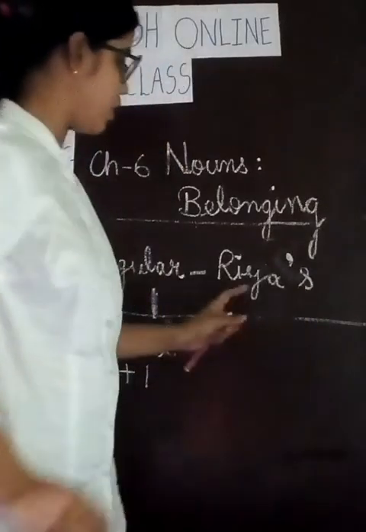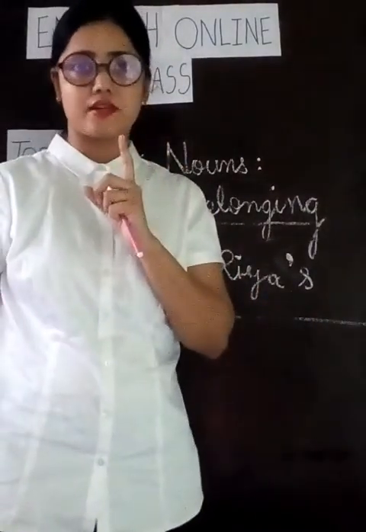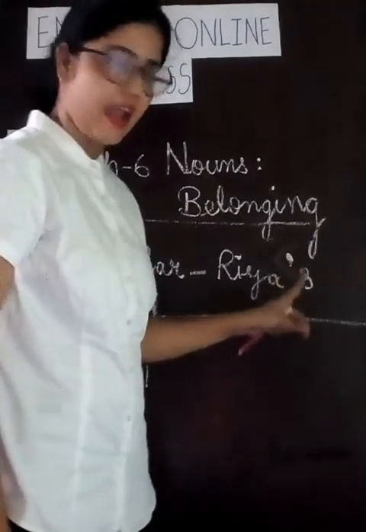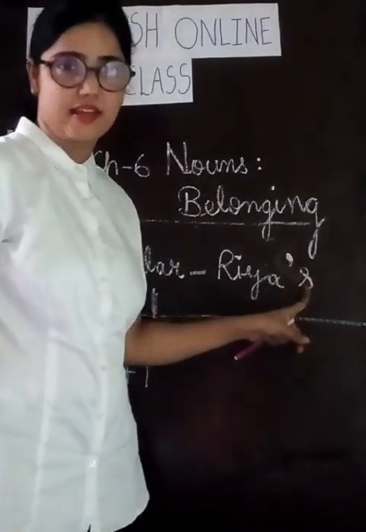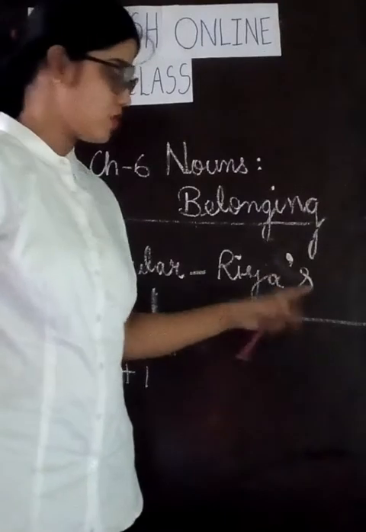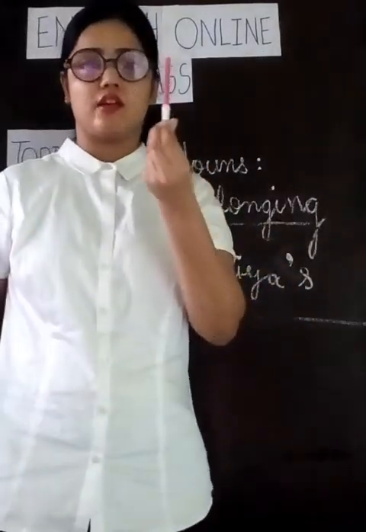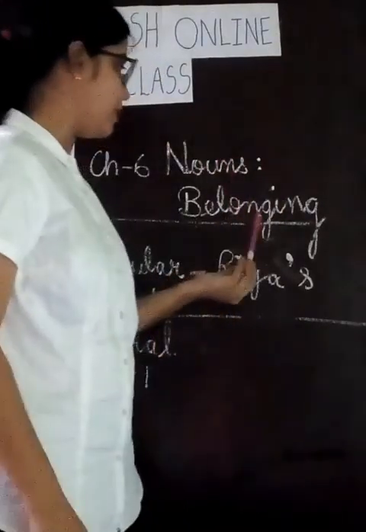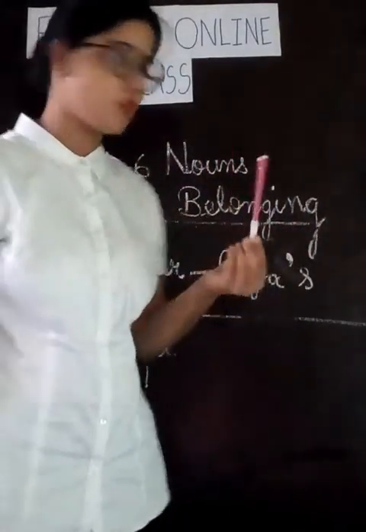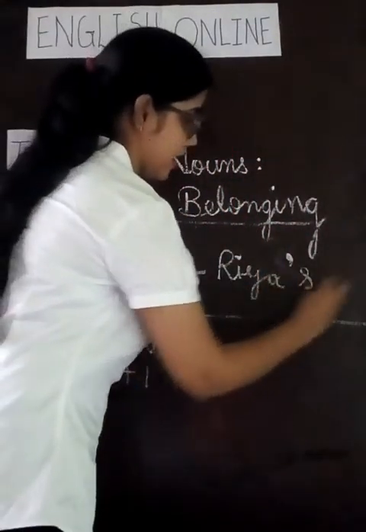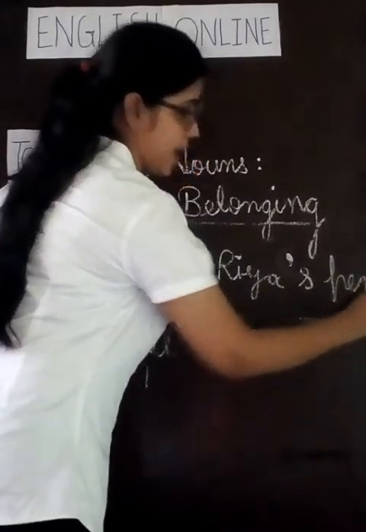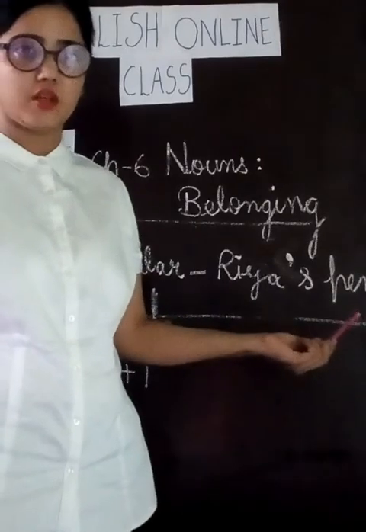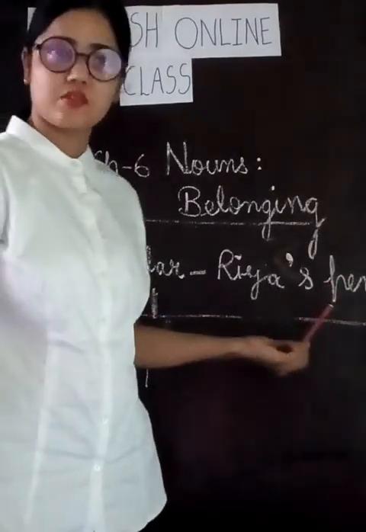When we are talking about one person, we put an apostrophe and add s at the end. So the sentence was this pen belongs to Ria. In noun belongings we can also write it like Ria's pen. Isn't that so simple?